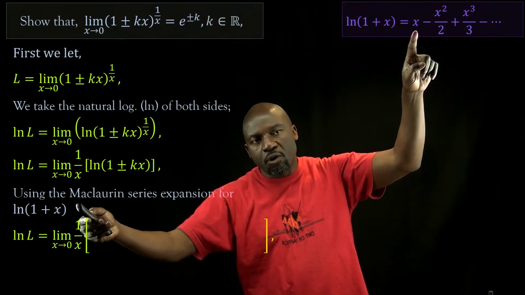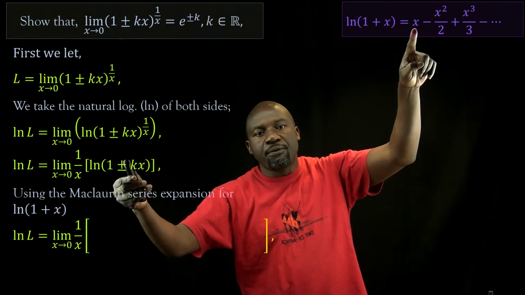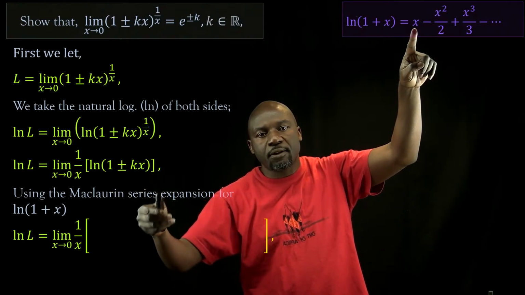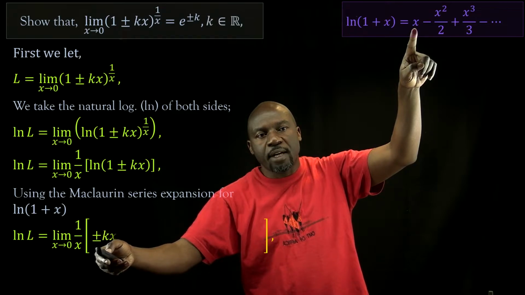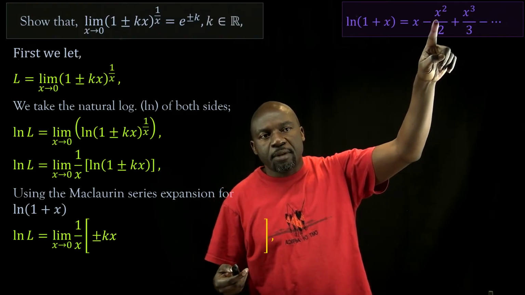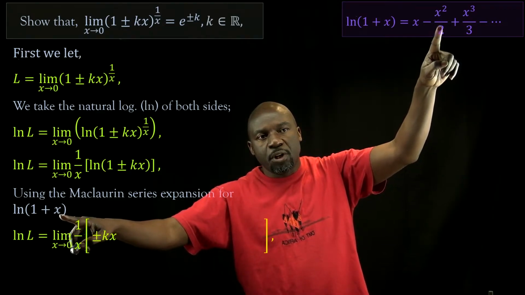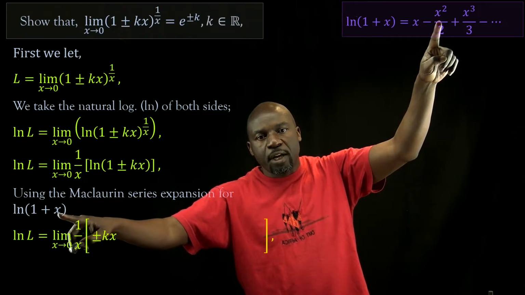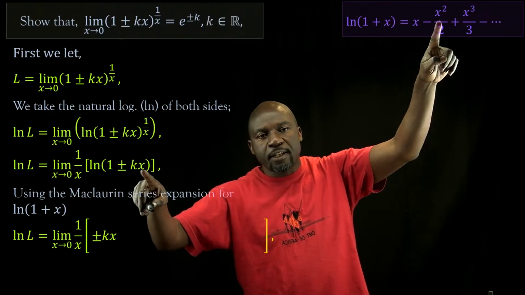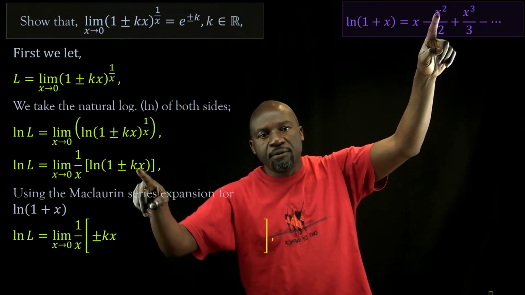All right. So if we relate with what we have here, then our first term there has to be plus or minus kx. All right. So we will put plus or minus kx. Then there is a minus, and the next term is x squared divided by 2. So we are going to write what represents x here, which is plus minus kx. So we will have plus minus kx squared divided by 2.